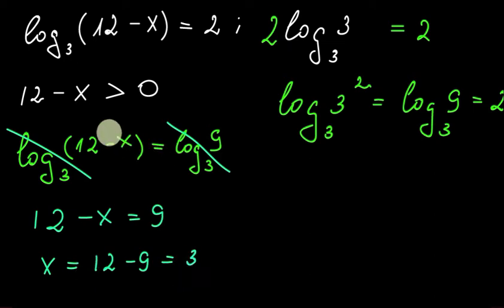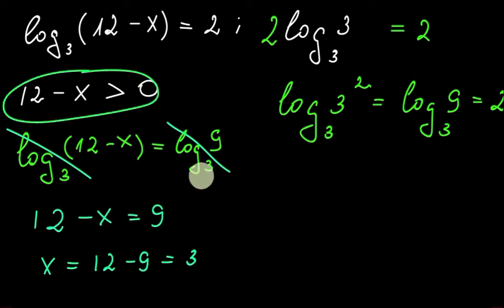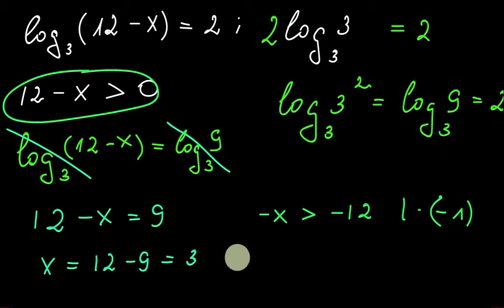Now it's very important not to forget this inequality. Okay, so we need to solve this and make sure that our x can be 3. So let's do that. Let's move this 12 to the other side, and we get that minus x is more than minus 12. Now we multiply this by minus 1, so we would get x positive and 12 positive.